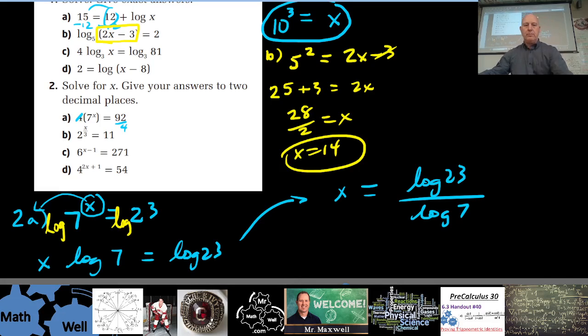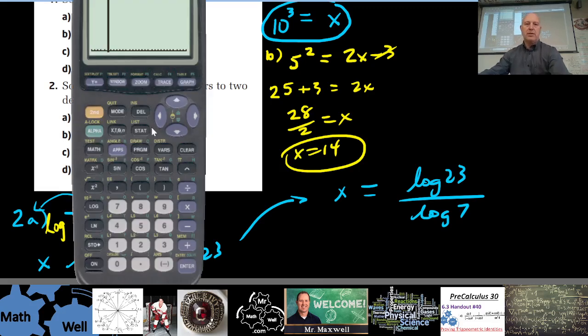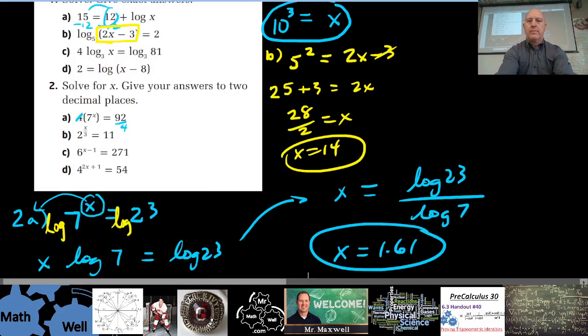You can just do this on your calculator. It asks for 2 decimal places, so let's do that. So about 1.61 here.